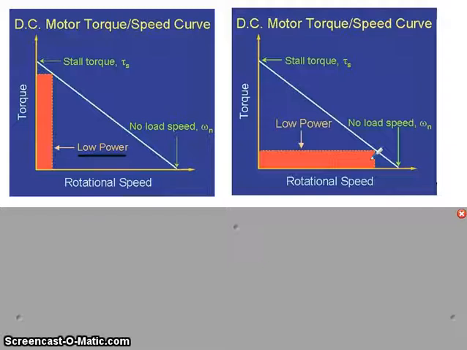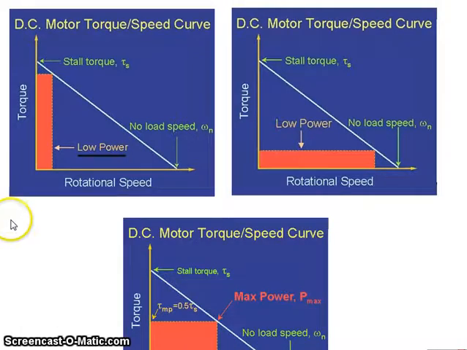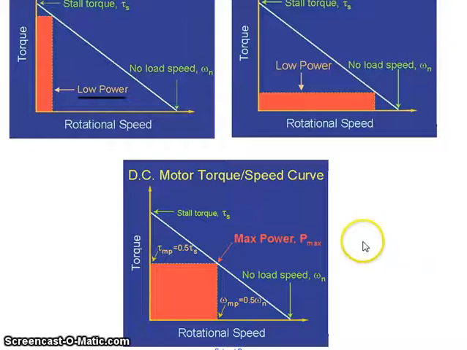You could spin really quickly, but maybe you're not turning much of anything. Maybe it's pretty close to just the spindle itself. So these two situations are both low power situations. The maximum power here is when the torque is at half the maximum torque, and that results in half of the rotational speed.